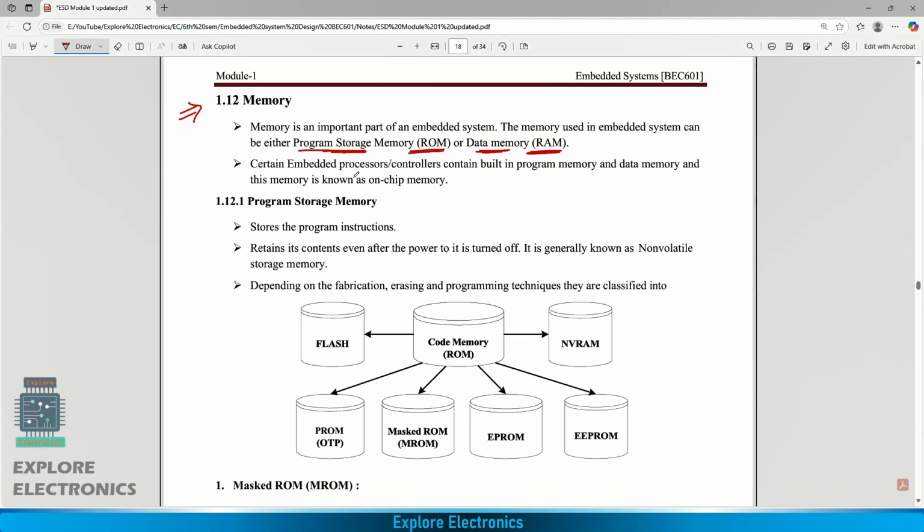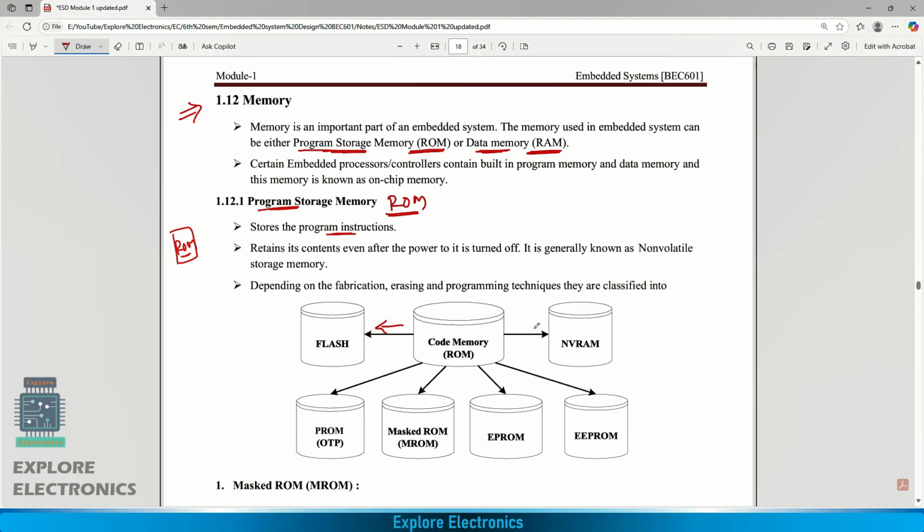Now, to have a program inside, we go for ROMs, read-only memory. It stores the program instructions. Whatever program you write as firmware code in an embedded system will go inside the ROM and sit there, right? There are different types of ROMs.